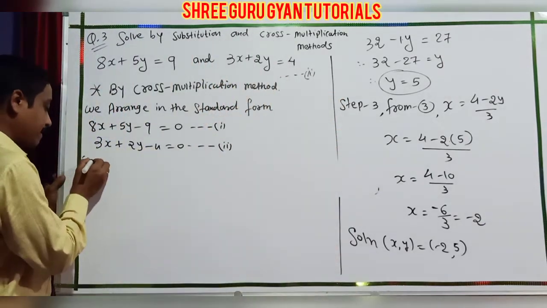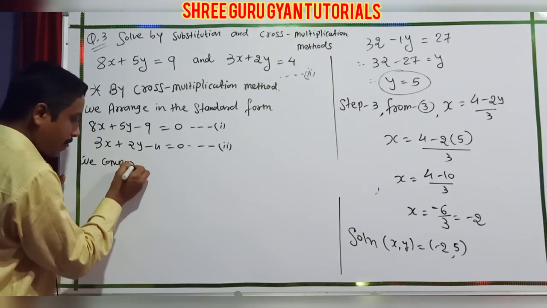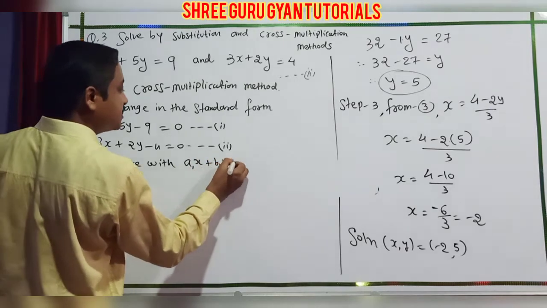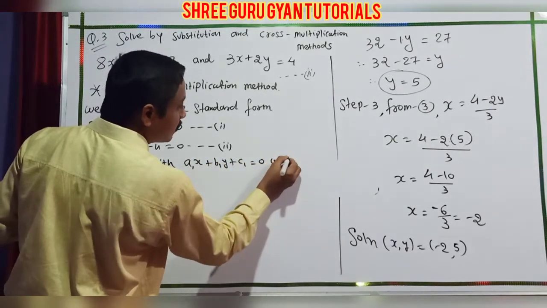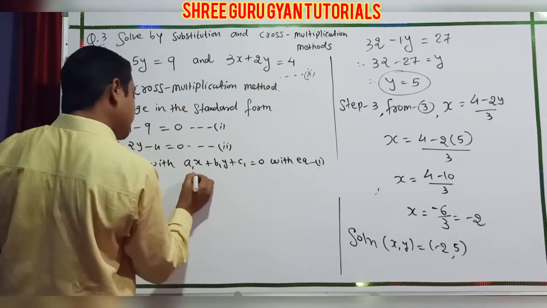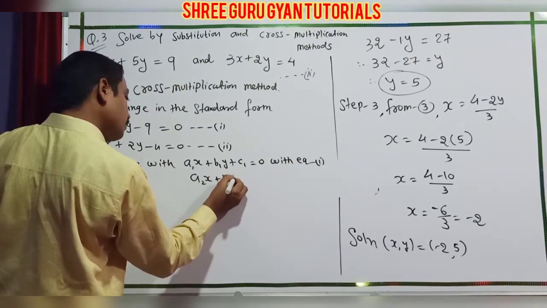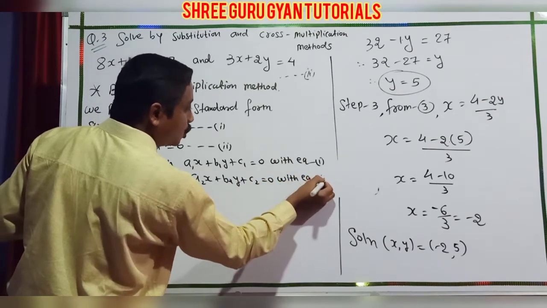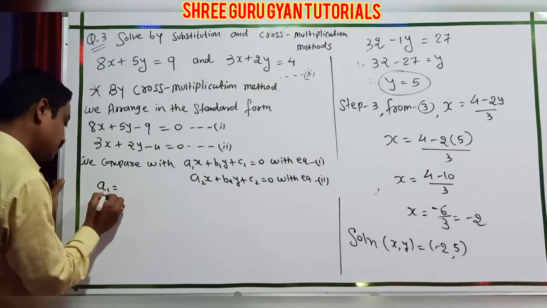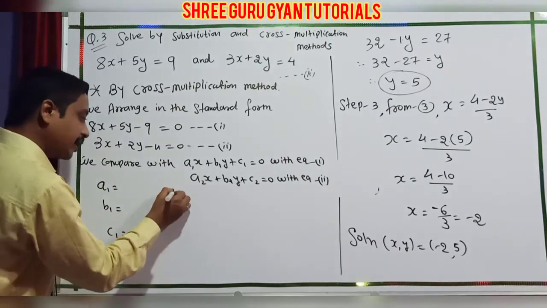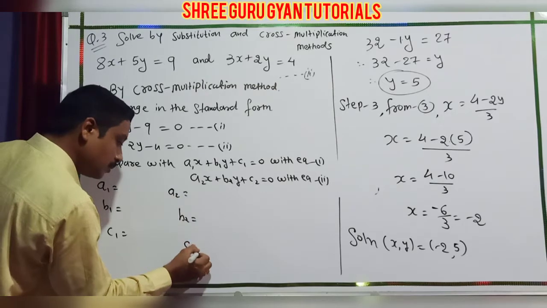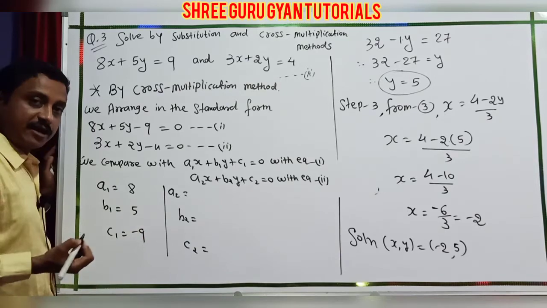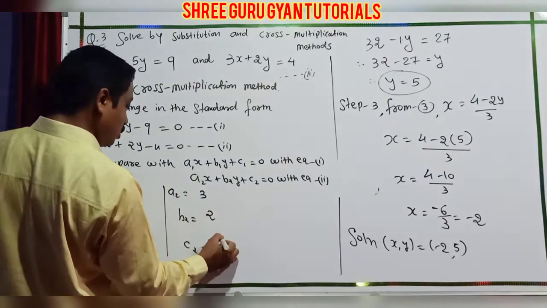We compare a1x plus b1y plus c1 equal to 0 with equation number 1, and a2x plus b2y plus c2 with equation number 2. So what you get? a1, b1, c1 and a2, b2, c2. Yes students, a1 is 8, 5, minus 9, and here 3, 2, minus 4.